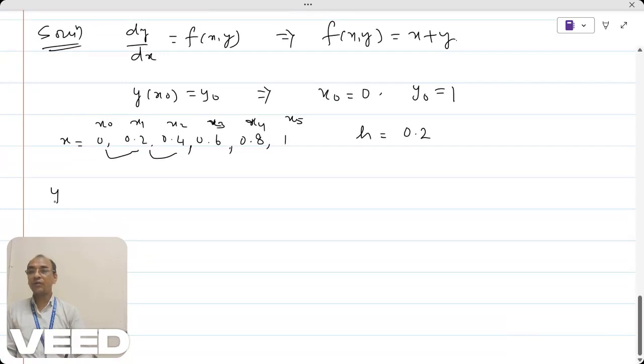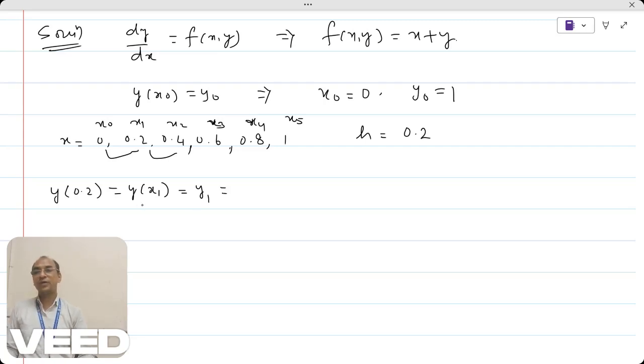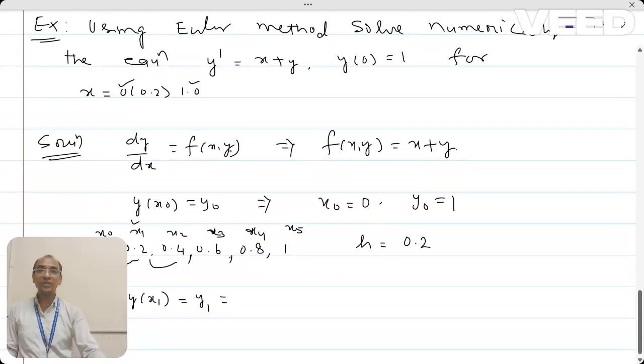I want to find y at the point 0.2, which is equivalent to saying y of x1, and y of x1 we denote as y1, because at x0 it is given, the initial condition. So using that value I want to calculate the value of y at x1.